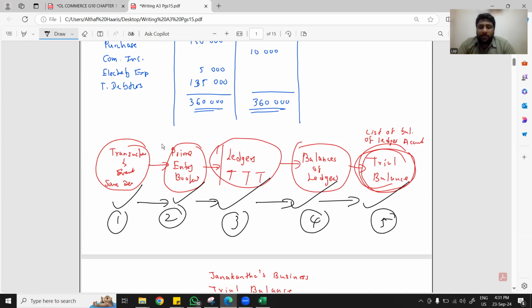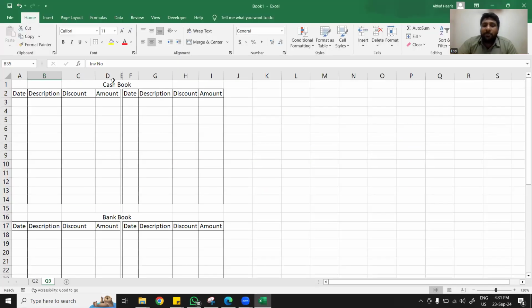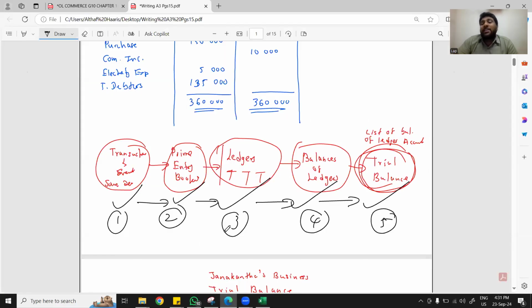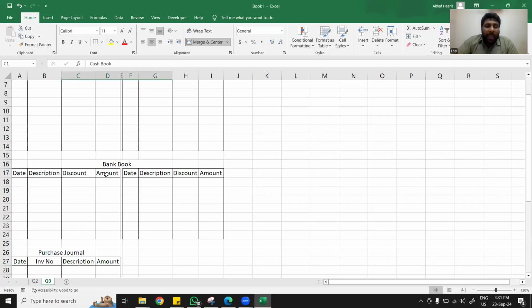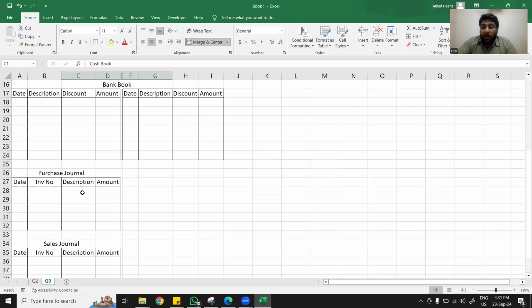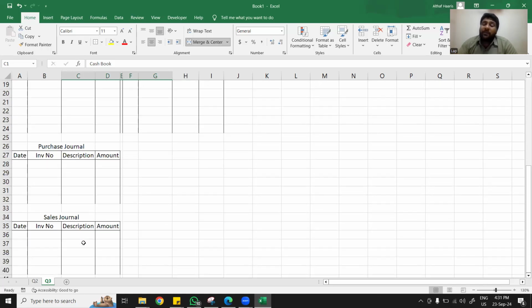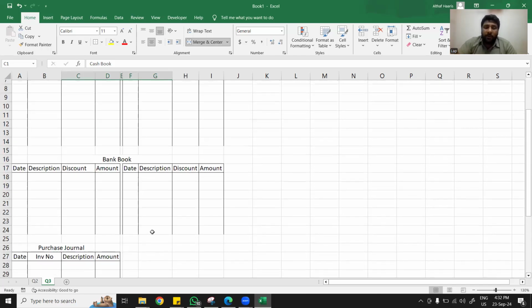They are related to private books, because cash book is a private book as well as a tier. Bag book is a private book as well. Purchase journal is a private book. Sales journal is a private book where we are just recording the transaction for the first time. After that only we will put the debit and credit later.